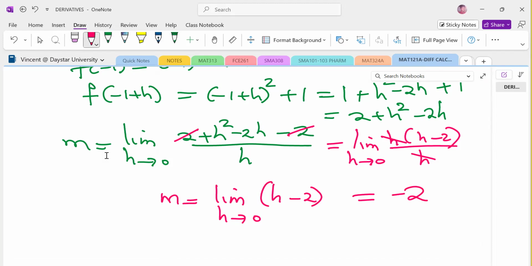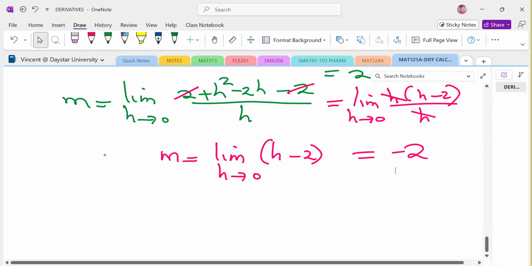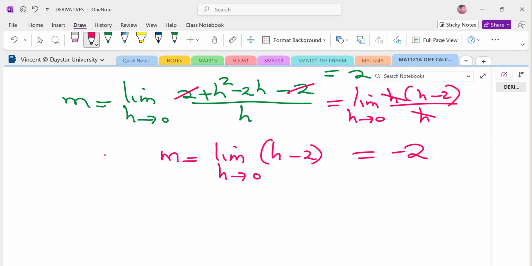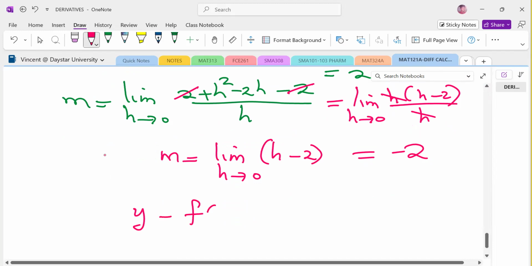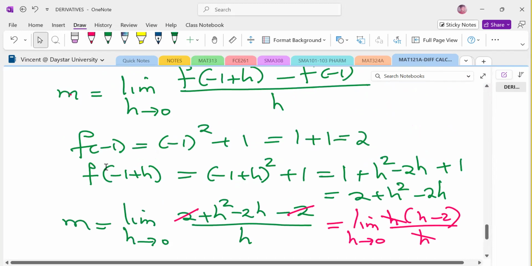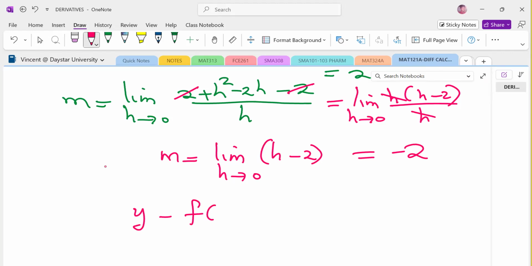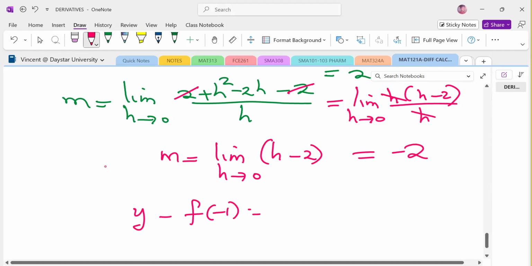So now the equation of the tangent is given by y minus f of a, and our a in this case is minus 1, equals to m into x minus a, and so minus minus is plus 1.